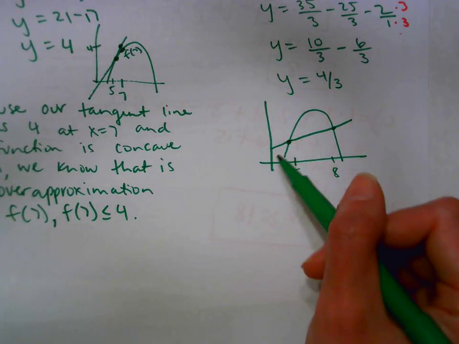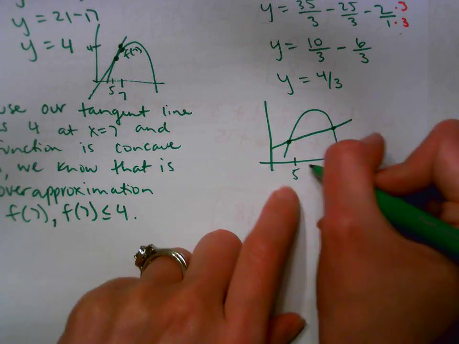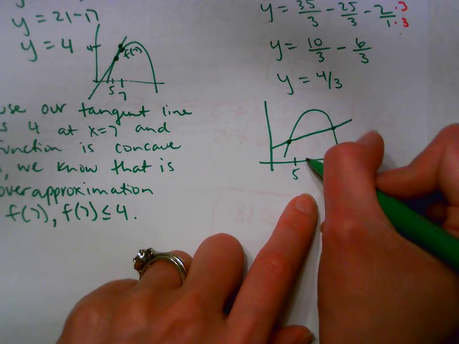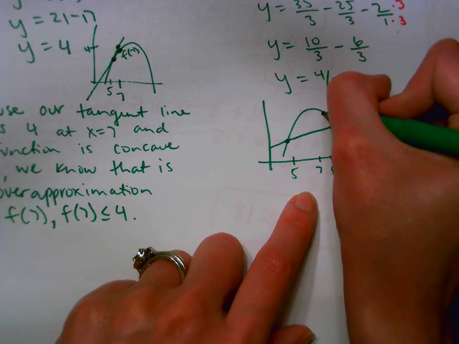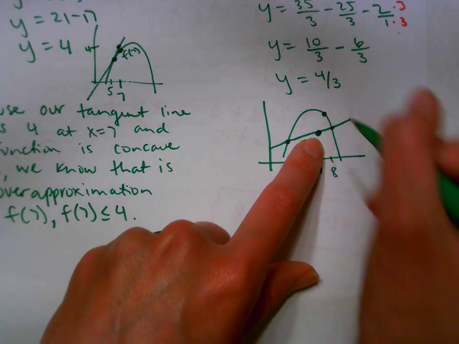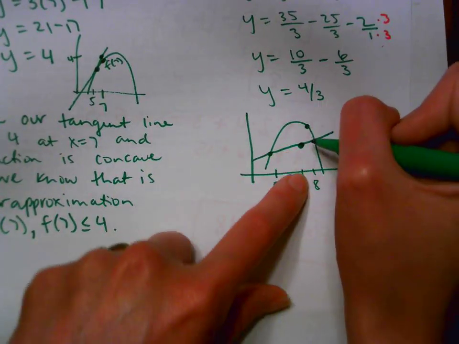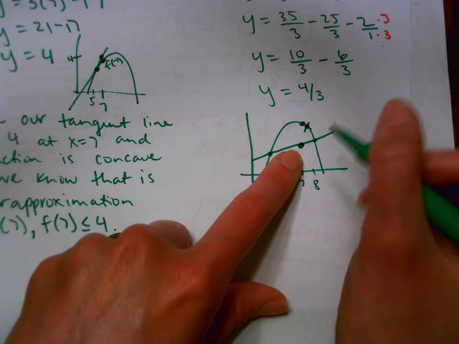But regardless, if it's concave down, then when you draw your secant line, and then let's say we used it to approximate 7, our tangent line value for 7 is right here. I did not do those evenly. It's supposed to be right underneath each other. Ignore that one.